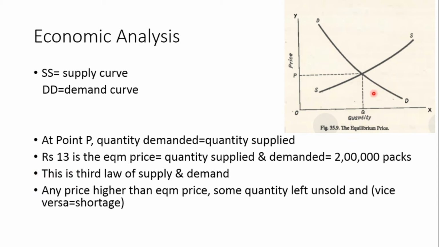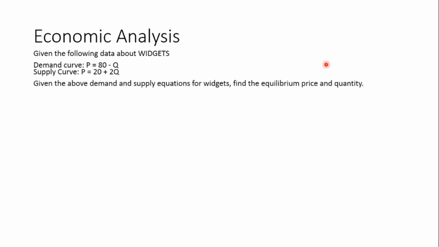Here the demanded quantity is this and the supplied quantity is more than the demanded quantity, so for that gap the quantity remains unsold, and vice versa. If the supplied quantity is less than the demanded quantity, then there is a shortage of quantity in the market. We will study all these concepts by a simple numerical.